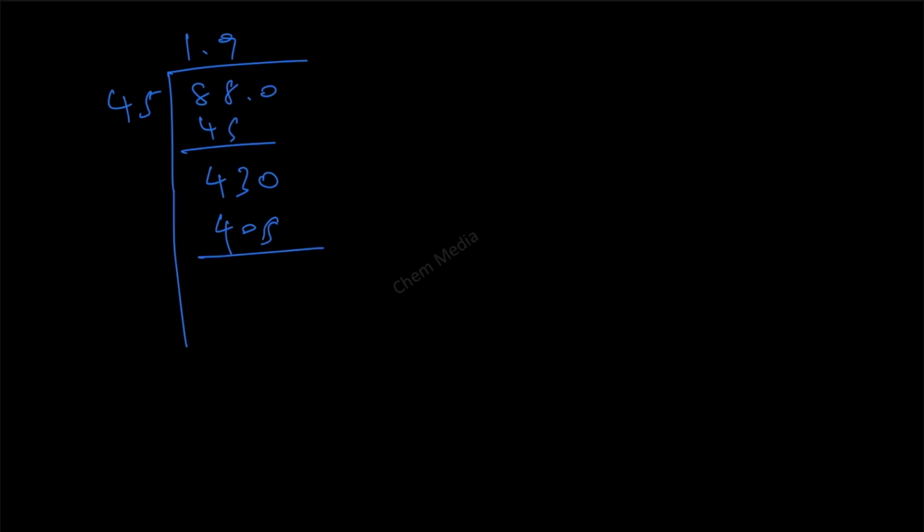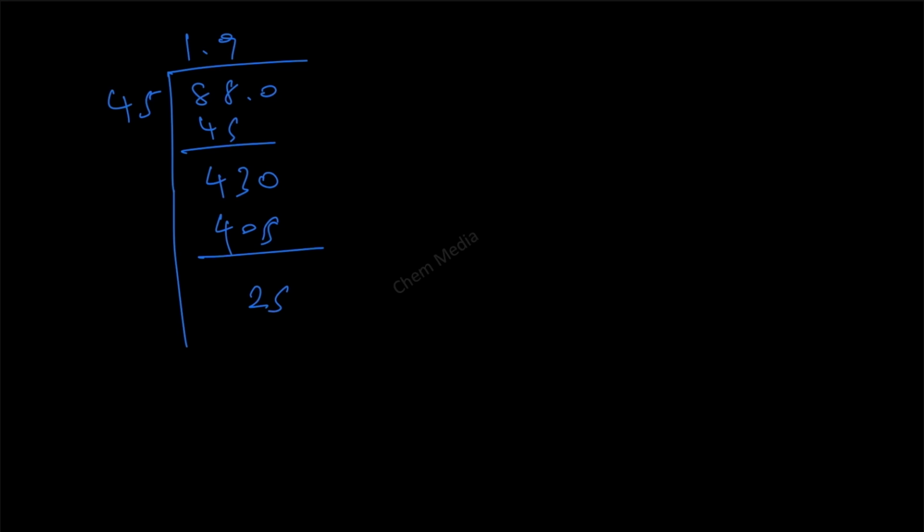So, 88 divided by 45, we can do it one time. So, 8 minus 5 is 3, 8 minus 4 is 4, 43. We can't divide. So, therefore, put a 0 and raise it to the decimal. So, now we can do it 9 times. 9 times 45 will be 405. So, therefore, 10 minus 5 is 5. So, 2 is remaining. So, 25.